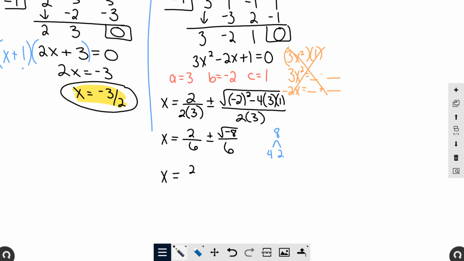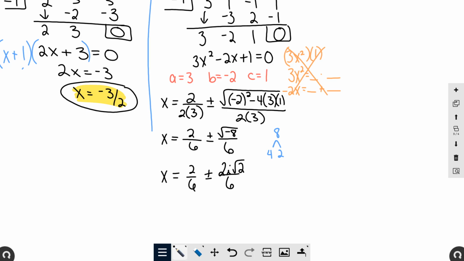So x equals 2 over 6 plus or minus, simplify that square root of negative 8 to be, very good, 2i square root 2. Square root of 4 is 2. Got to take the i out because it's negative. And then our 2 stays underneath. Then we can simplify some more.